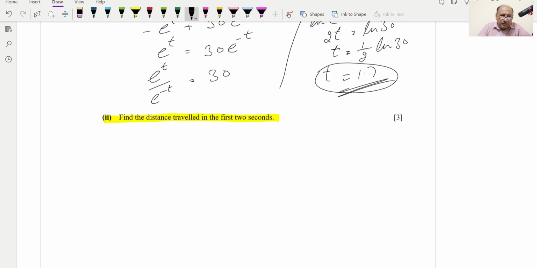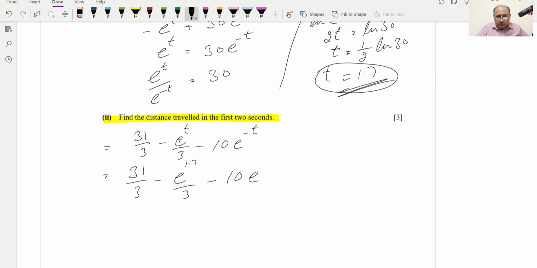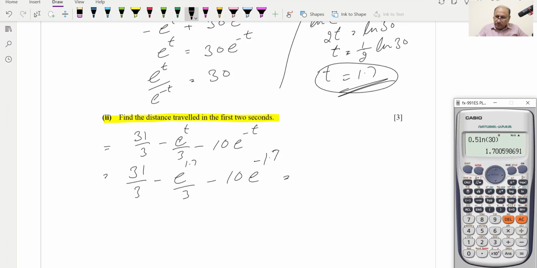This value we will replace, so it will be 31 over 3 minus e raised to the power t over 3 and minus 10 e raised to minus t. In this equation we will replace t is equal to 1.7, so this will be e raised to 1.7 over 3 minus 10 e raised to minus 1.7, and we can calculate this.